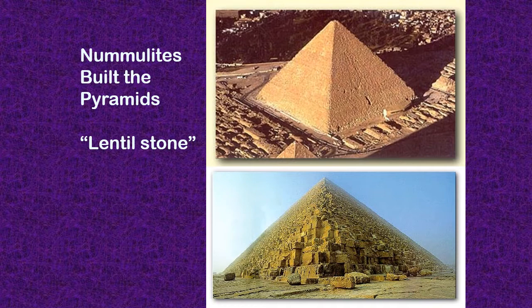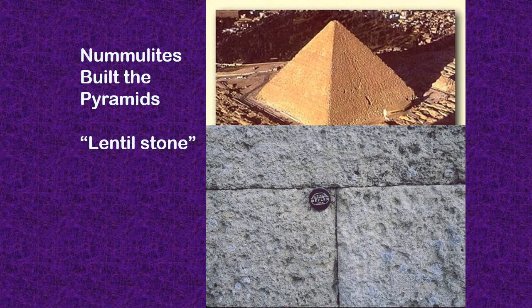So the pyramids are built of limestone, chock full of Nummulites, and thousands of years ago, when people saw the pyramids, they thought that these little fossils were actually the remains of the food from the workers who built the pyramid. Little did they know that, no, these are single-celled organisms that predate the pyramids by tens of millions of years. But you can see all the little Nummulites in the rocks that make up the pyramid.